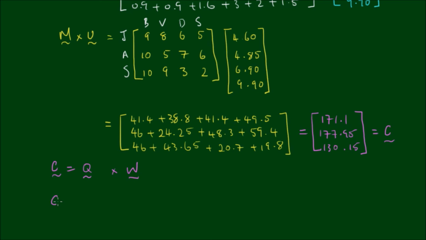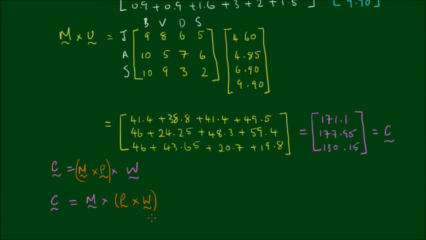And in the second instance, we found that the C matrix was equal to the product of the M matrix by the U matrix. Now, Q was the product of matrix M and matrix P. And U was the product of matrix P by matrix W.